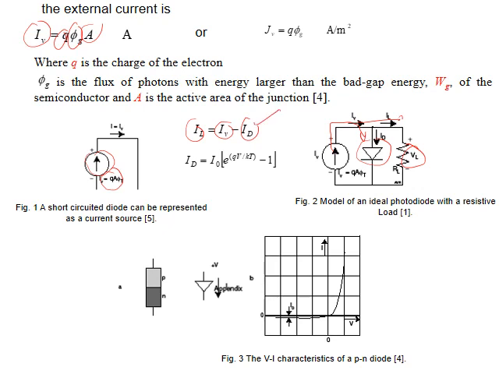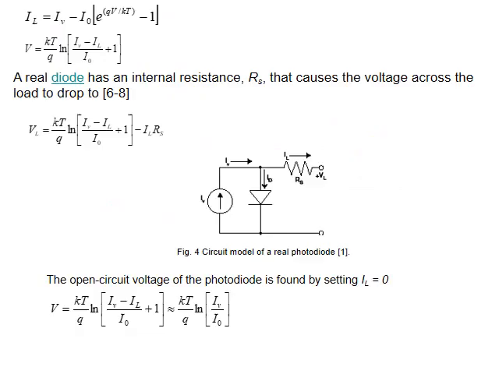Now how do we calculate it? There is one known formula called the Shockley equation. Okay, the Shockley equation is used to calculate the current of the diode. So if I put it here, then I have a general formula for the solar cell, which is written in this way: I load equals IV, coming from the photons, or I_L as they sometimes call it, minus the saturation current times exponential of qV over kT, minus 1. Here q is the charge of the electron, V is the voltage of the terminal, k is the Boltzmann constant, and T is the temperature.